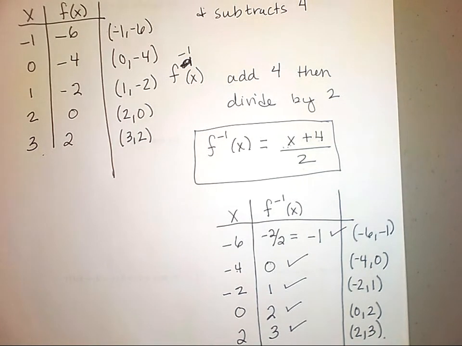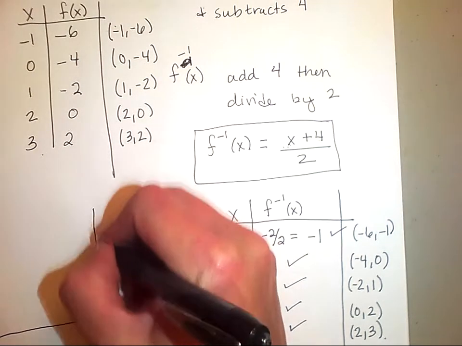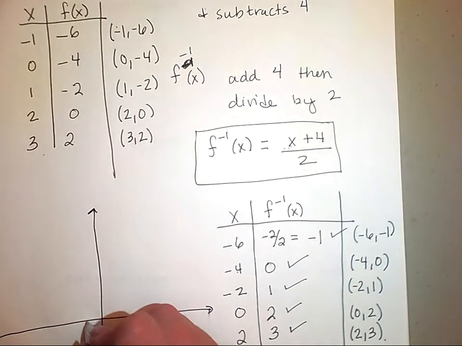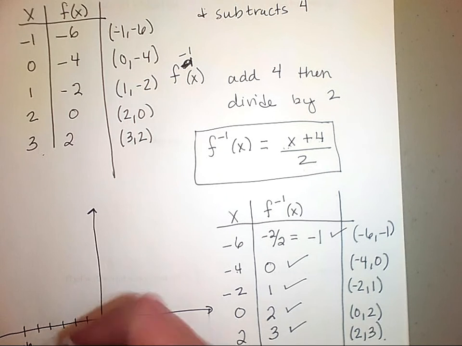Alright, so let's see if we can set this out graphically. We need negative 6's in each direction. 1, 2, 3, 4, 5, 6.